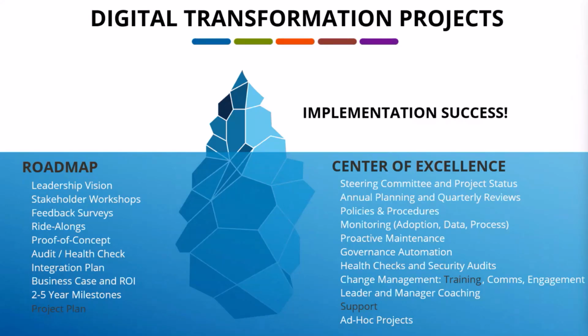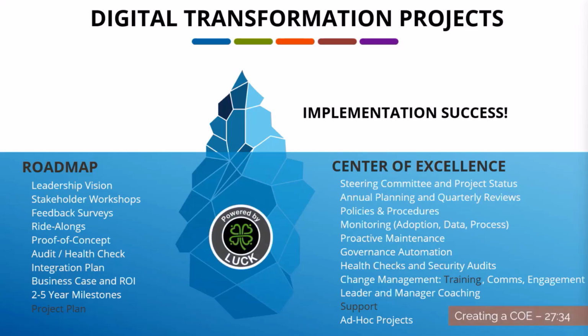And then a center of excellence, which is more than just training and support. It ensures successful change management through continuous monitoring, improvement, engagement, support, training, and those micro projects, so that your project is nurtured and doesn't end up unmaintained, messy, and neglected. So I invite you to look internally about how you can create an organization that is considering these practices of the proven leaders in digital transformation.